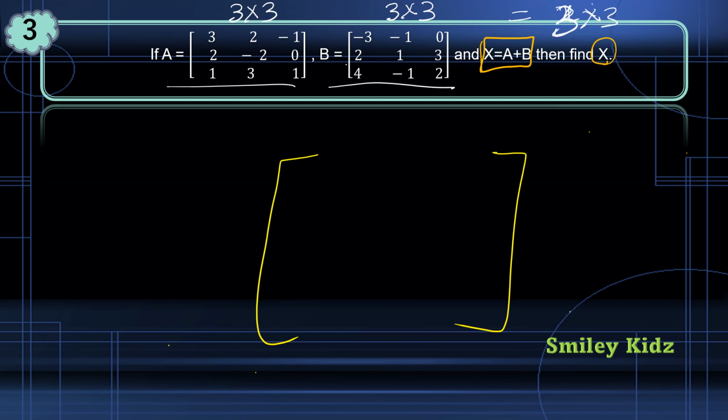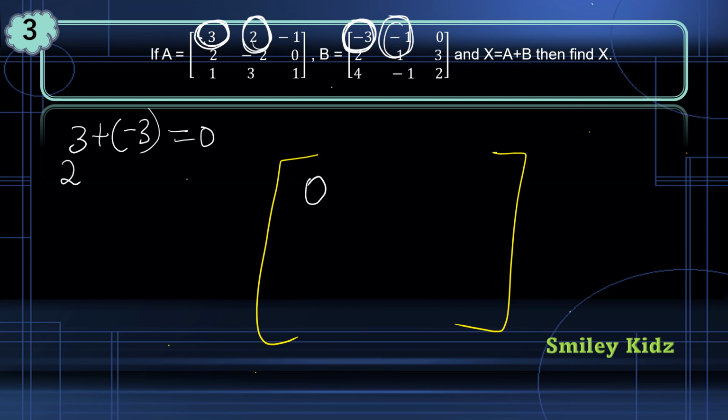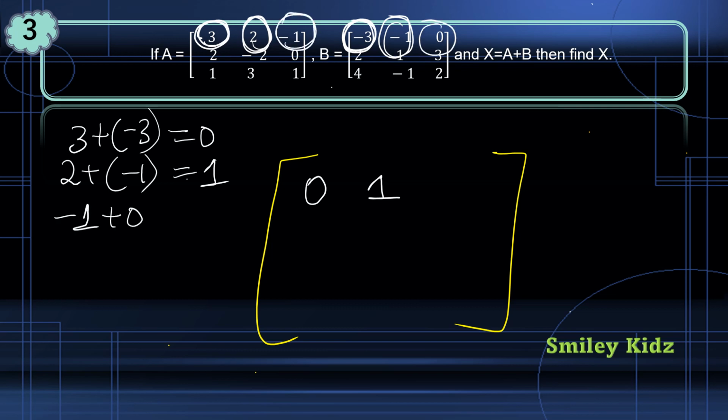Alright. Now, let's add these two matrices. Firstly, 3 plus minus 3 will give you 0. Right? 3 plus of minus 3 will give you 0. Then 2 plus of minus 1 will give you 1. So here you're going to put on 1. Minus 1 plus 0 will give you minus 1. So here you're going to put on minus 1.